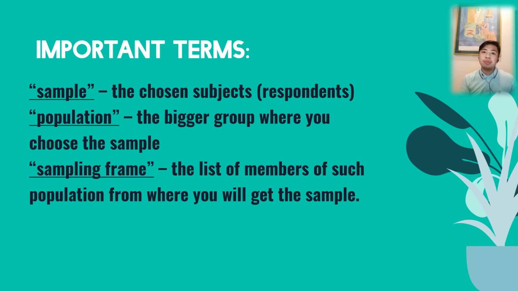When we say population, it is bigger than the sample because we are talking about the bigger group where our chosen samples belong. Okay? Now, the sampling frame is the list of members of such population from where you will get the sample. So let's try to illustrate these terms.